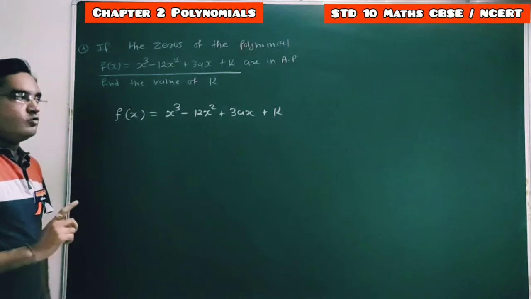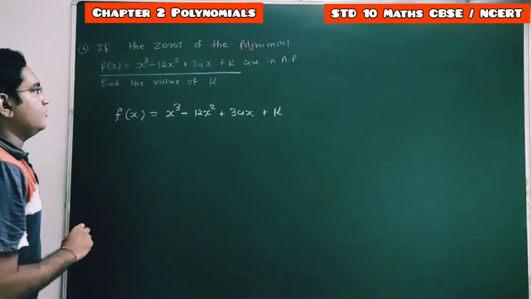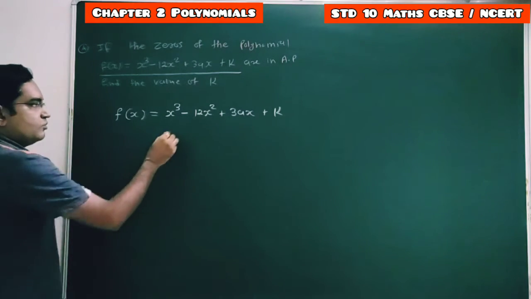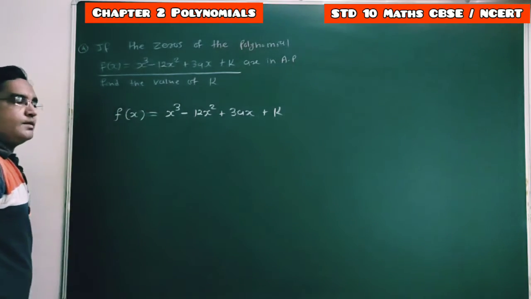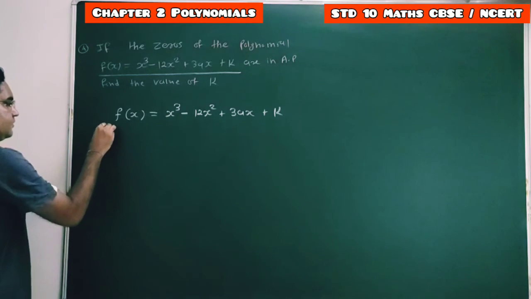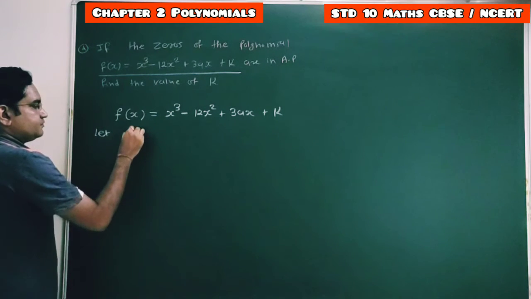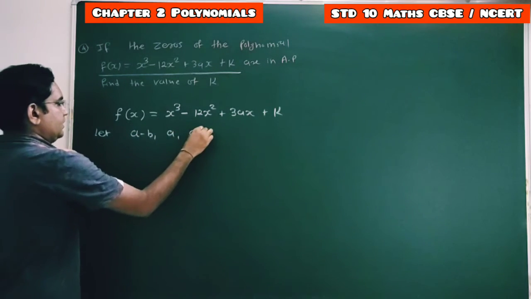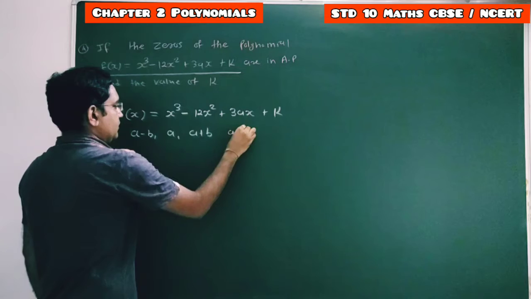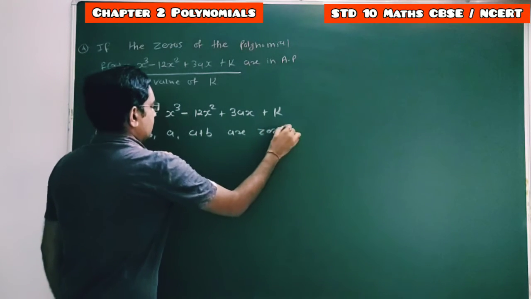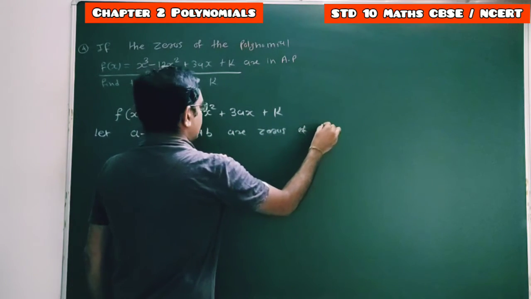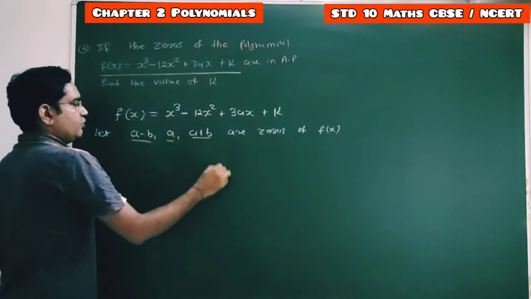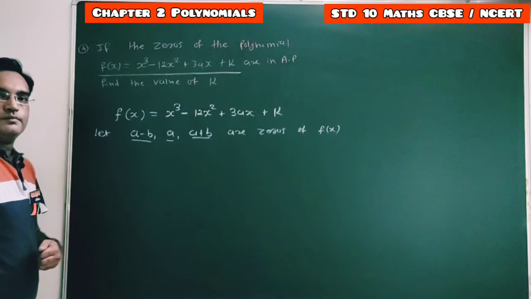This is one given cubic polynomial, and its zeros are in arithmetic progression. So let's say the 3 zeros are a minus b, a and a plus b, the zeros of the given polynomial f of x. Done. These are the 3 zeros of the given cubic polynomial and they are in AP.